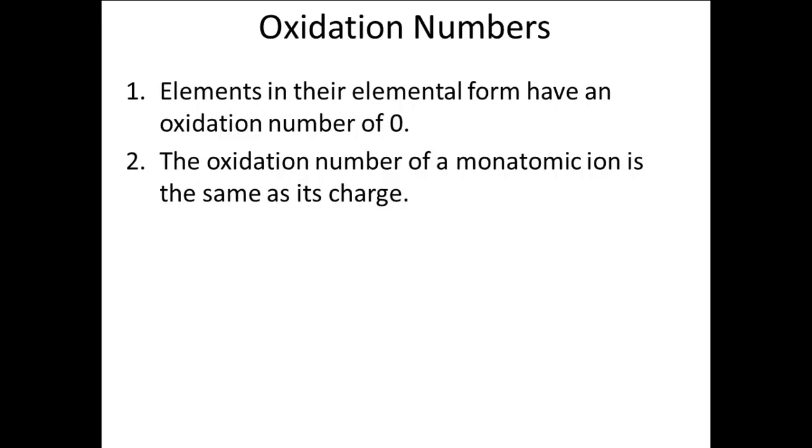Rule 2. The oxidation number of a monatomic ion is the same as its charge. If we have a monatomic ion, that is a single atom ion, like Fe3+ or S2-, then it really has lost or gained electrons.